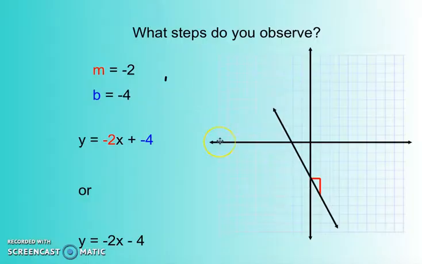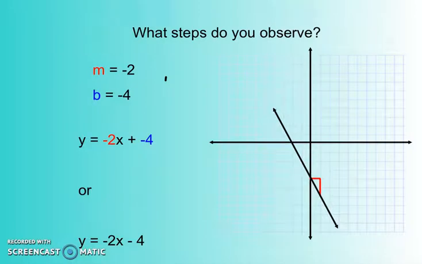First of all, notice here's a graph, and I want you to notice the steps that were taken. We were given m and we were given b. Then look what happens with that knowledge. What do you notice?